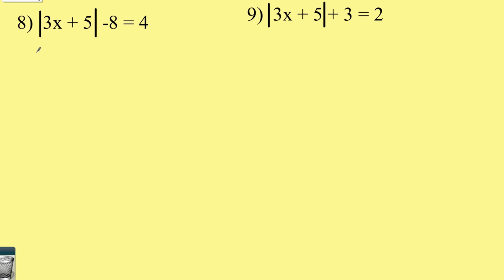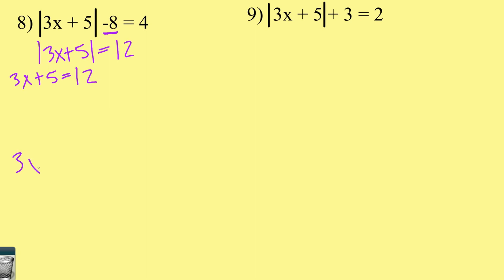Okay, so for this one, notice what's different. I have the absolute value minus 8 equals a number. Okay, so here I want to get that absolute value by itself. So I need to get rid of that negative 8. So let's add it to the other side. So then we get the absolute value of 3x plus 5 equals 12. Now you can solve it. Remember, you're solving two equations.